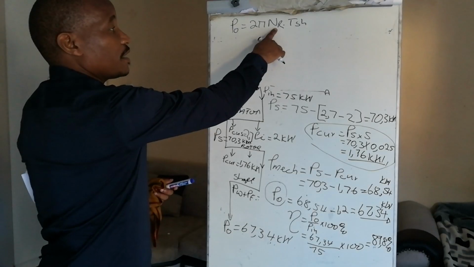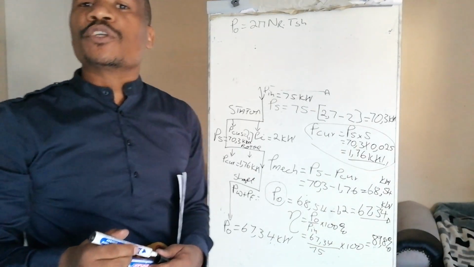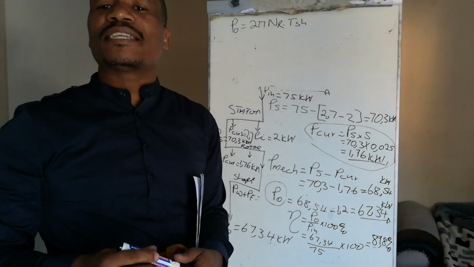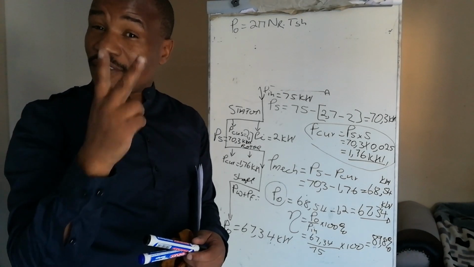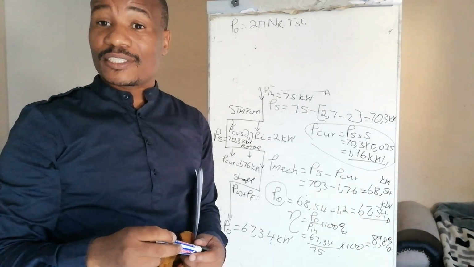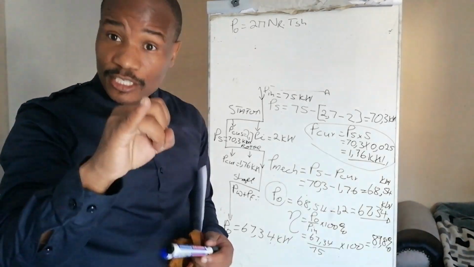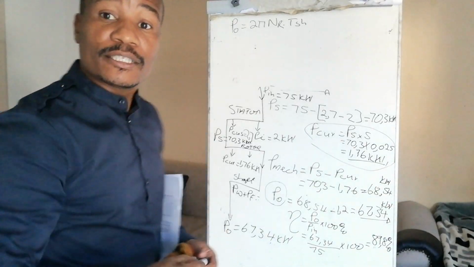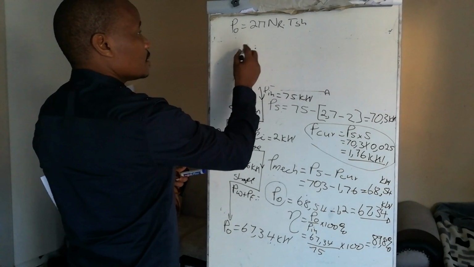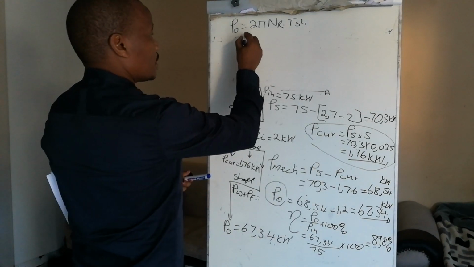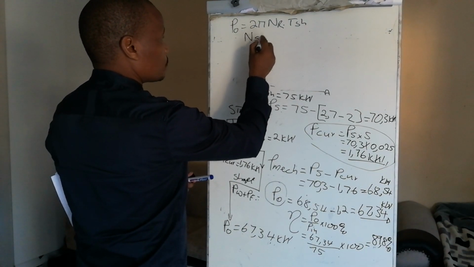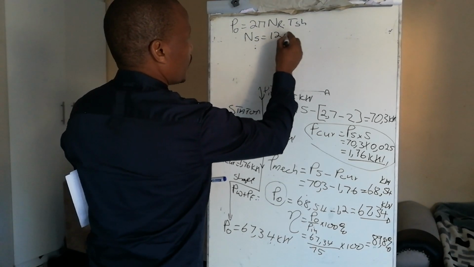But we don't have the rotational speed. We don't even have the synchronous speed either. But we are given two most important points. We are given a 6-pole motor and the slip. Meaning it could mean only one thing. We can calculate the synchronous speed, which is how much?